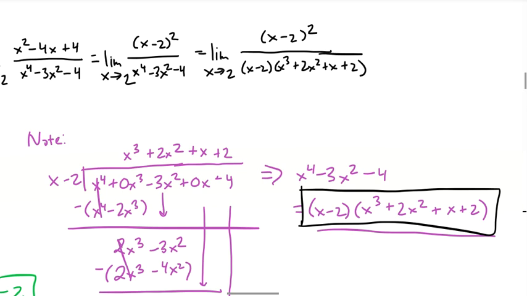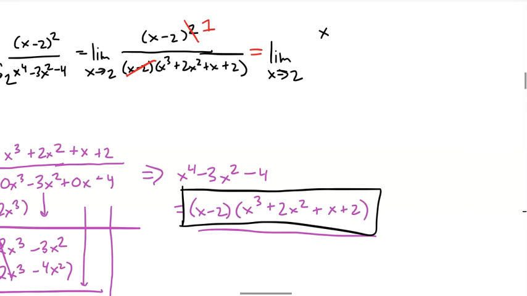And then from here, I can cancel out some terms. One of these x minus 2's is going to cancel out with the x minus 2 on the bottom. So I'll have the limit as x goes to 2 of x minus 2 on our numerator, and then our denominator is going to be x cubed plus 2x squared plus x plus 2.